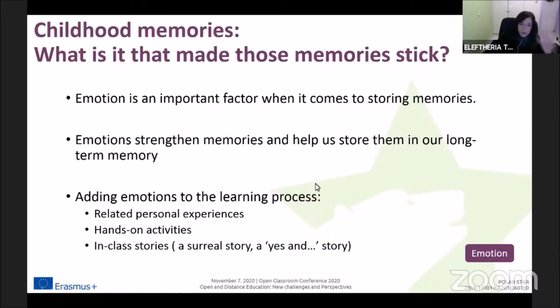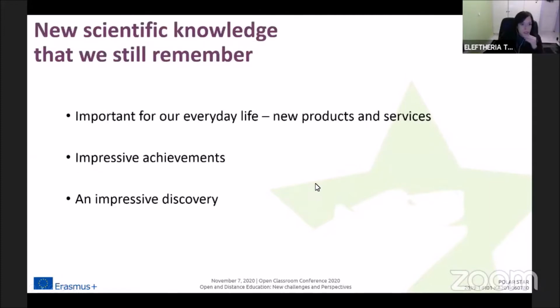And going to the third question about new scientific knowledge, also again in reference to the responses that you gave, scientific knowledge tends to stick around in our brains when it's important to our everyday life, when it has to do with products and services of our everyday life that are useful to us.